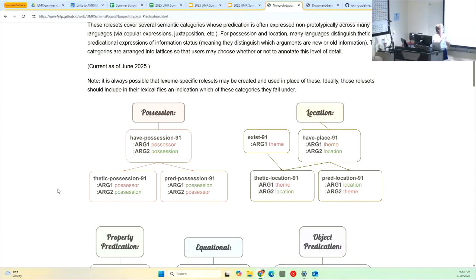And the copula is also counted under this. So in AMR for English, we did not have a role set for be. We used a domain relation between the predicating element and the subject. So we've gotten rid of domain and replaced it with these role sets.